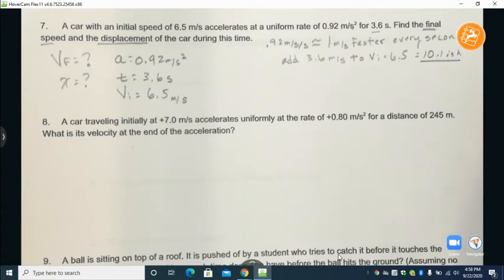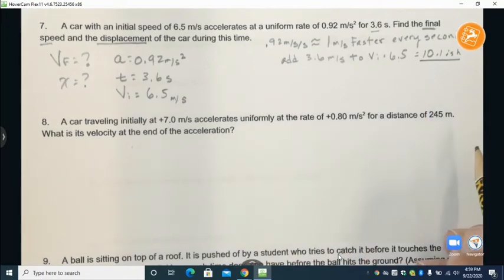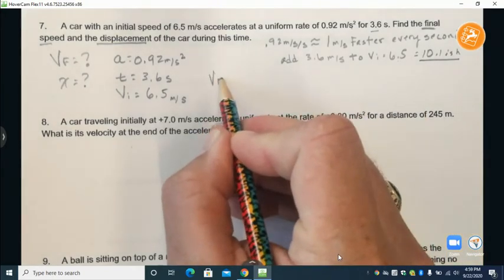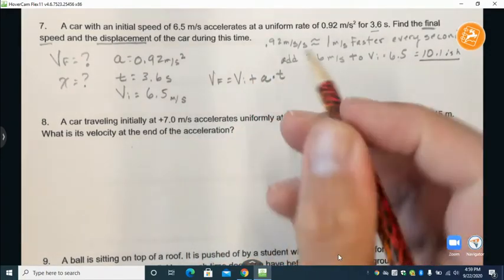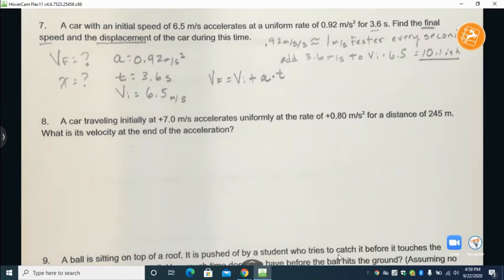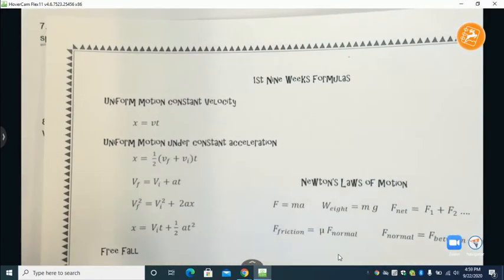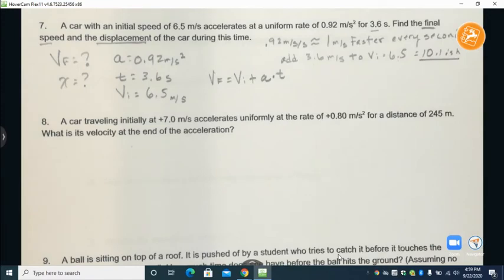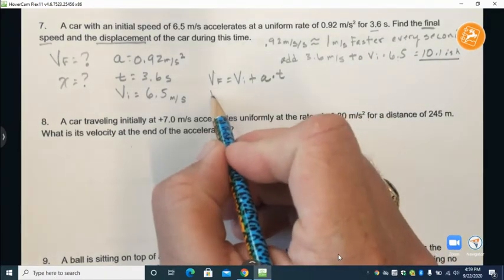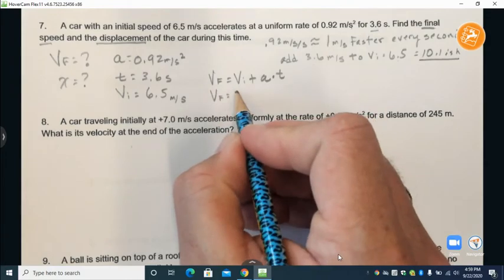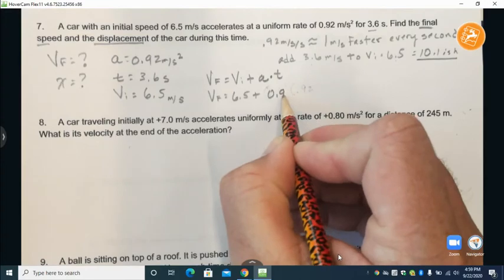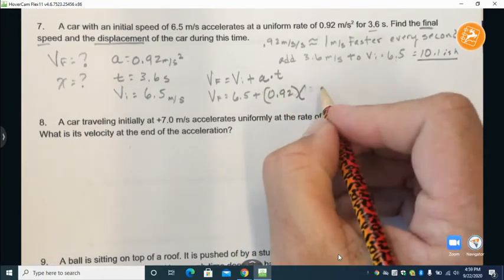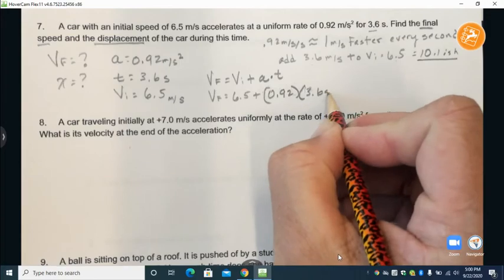All right, so let's actually do the problem with the formula and not use this rounded 1. So we need a formula that says VF equals VI plus the acceleration times the time. And that's exactly what I just did in my head there. Again, we're choosing from the formulas under constant acceleration because that's what these objects are doing, constantly accelerating. So VF, we substitute in, is VI, 6.5, plus the acceleration, which is 0.92, times the time that acceleration occurred, which is 3.6 seconds.